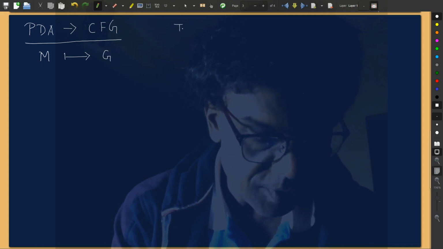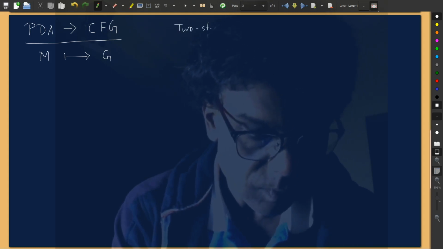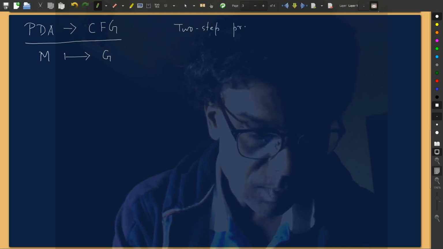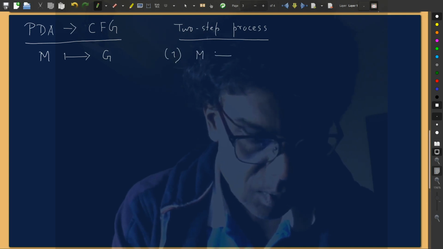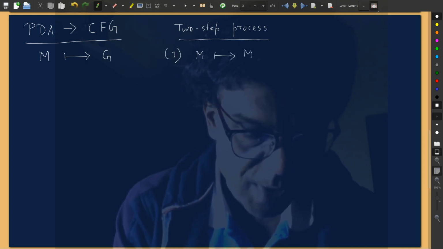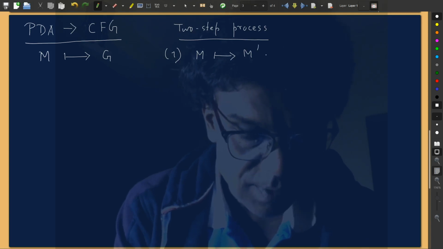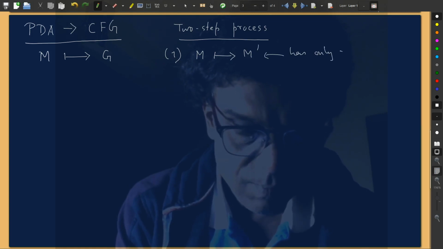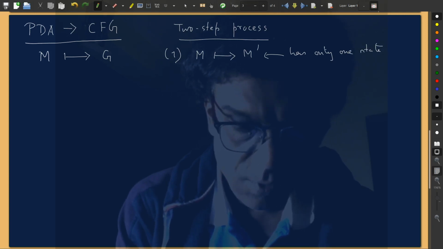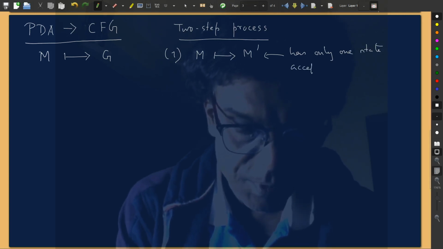This conversion is a two-step process. In the first step, I will convert M to another PDA M prime, such that this M prime has only one state and therefore it accepts by empty stack.